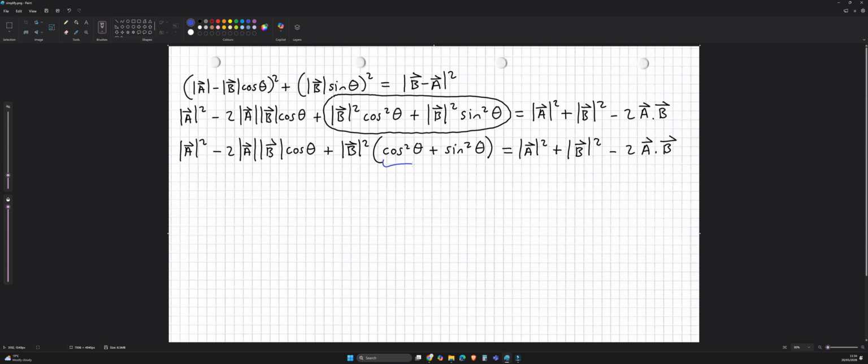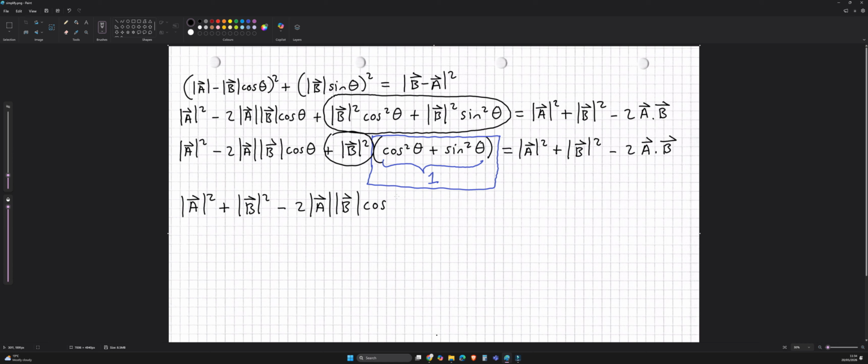Now, as you may well know, cos theta squared plus sine theta squared is equal to 1. So if this over here becomes equal to 1, on the left hand side we have the magnitude of a squared plus the magnitude of b squared minus 2 times the magnitude of a times the magnitude of b times cos theta.